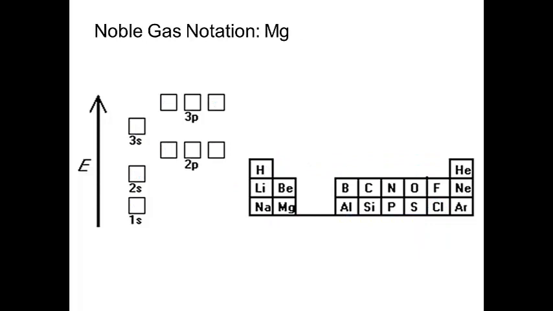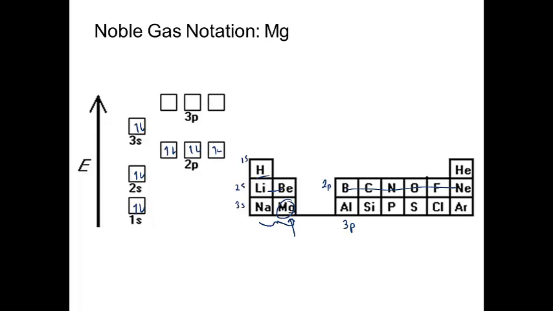Let's look at this in terms of the noble gas notation. If we have magnesium, remember this is the 1s block, the 2s block, the 3s block, the 2p block, and the 3p block. So for magnesium we'll fill up the 1s, the 2s, the 2p, because we filled up here, we filled up through here, and then we filled up the 3s, and because magnesium's the second atom in, we do 2 electrons there.